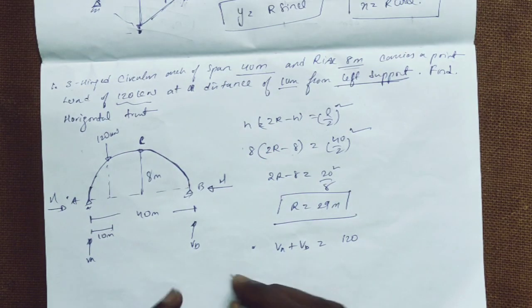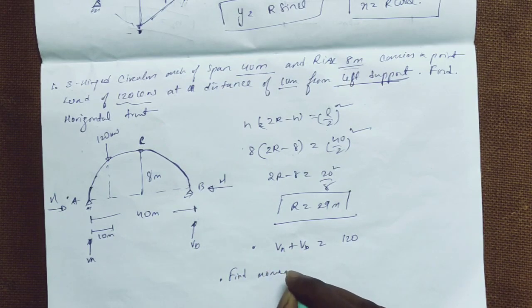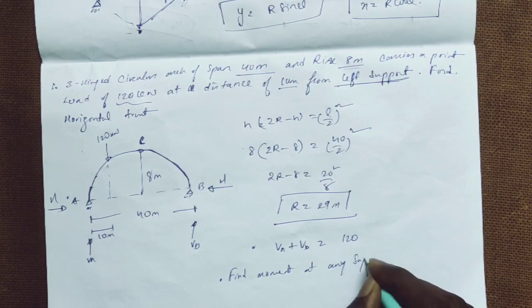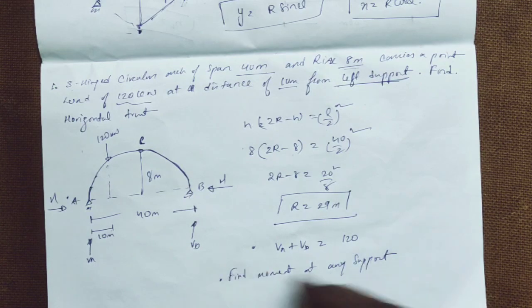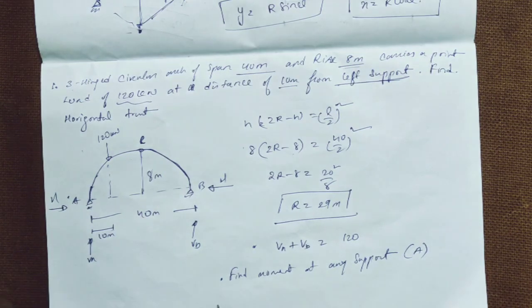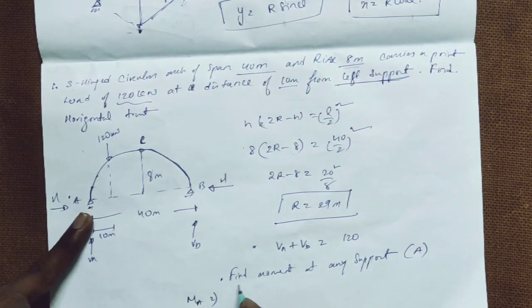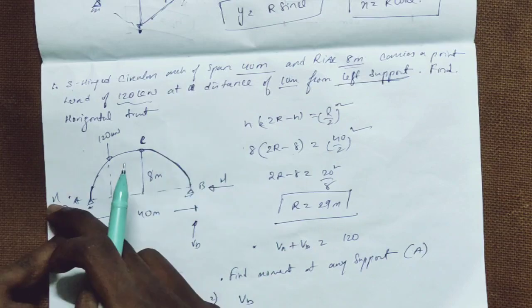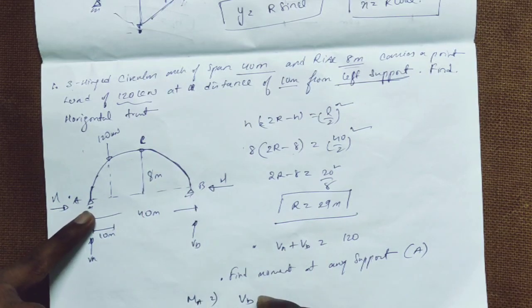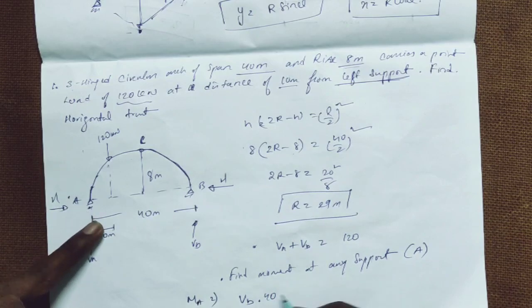Now we'll find moment at any support, let it be here, so at B we can write VB into 40.